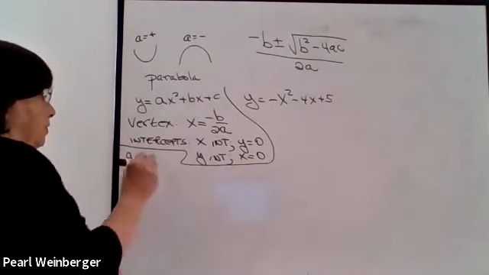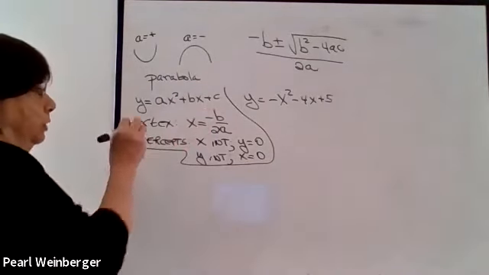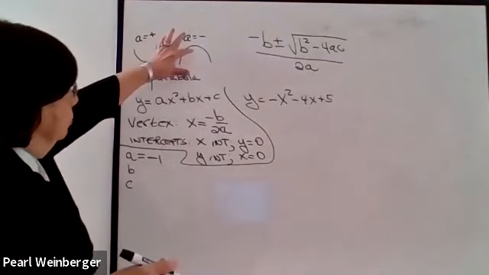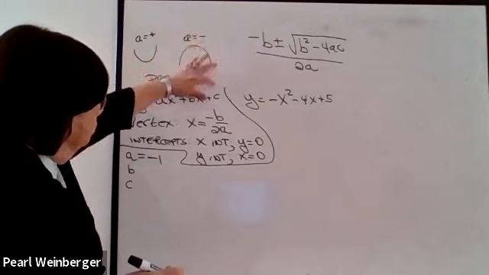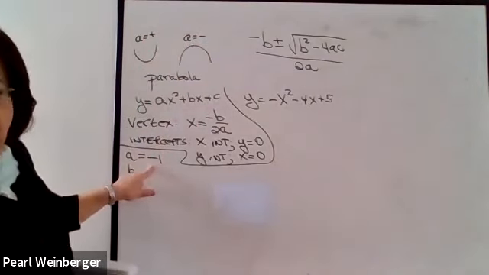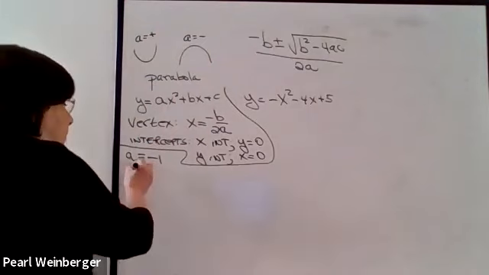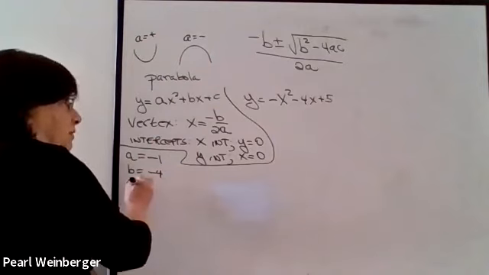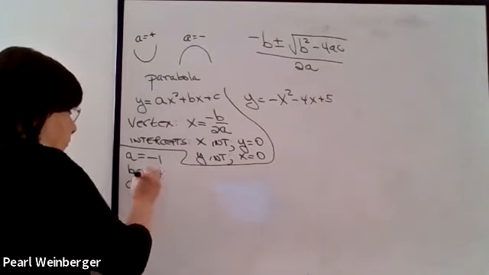It should be obvious that the number in front of the x squared, which is the A, is -1, which also tells me that this is going to be a parabola that opens down. My A is negative, it's frowning. My B is -4, and my C is 5.